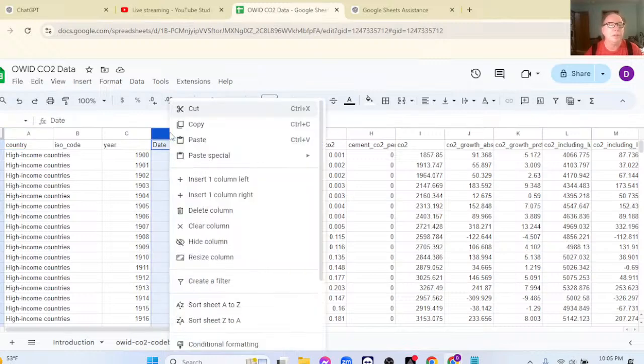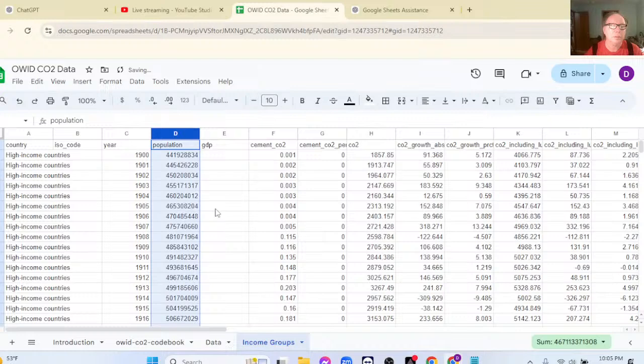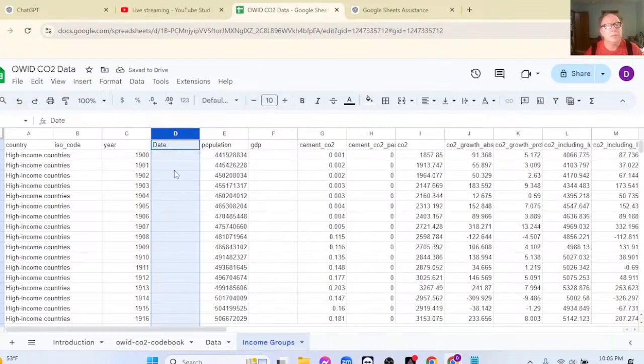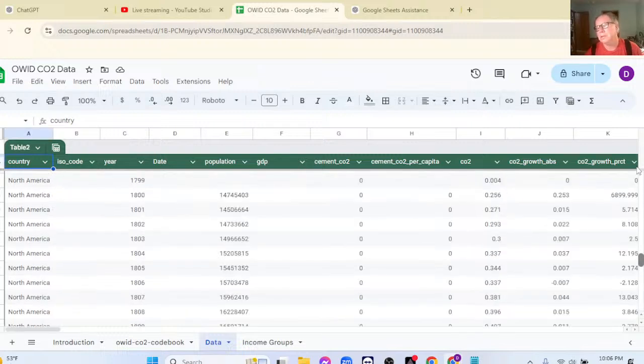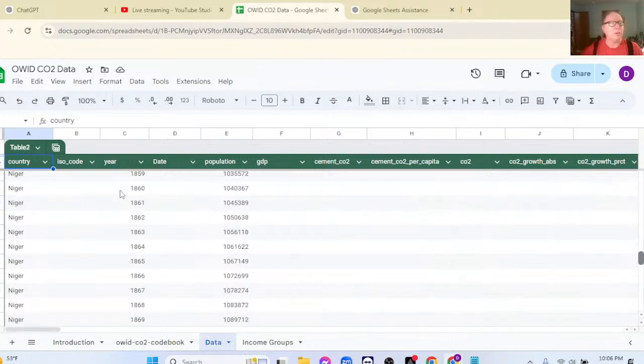Let's get rid of this. Oh, see what it does, because it sees there's a date over here. All right. It doesn't appear to want to go to home, does it? Very easily.